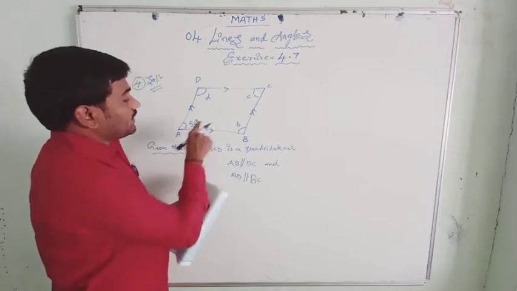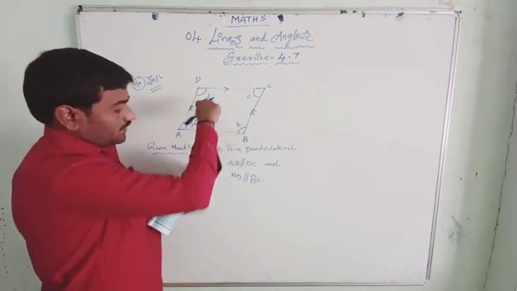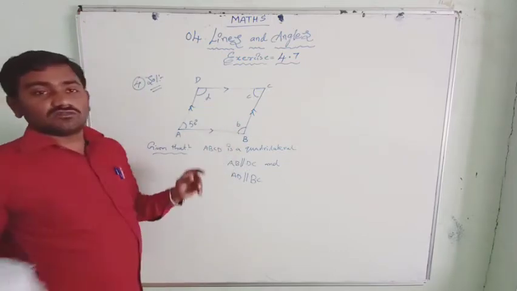Find the angles B, C and D. So the remaining 3 angles we need to find.